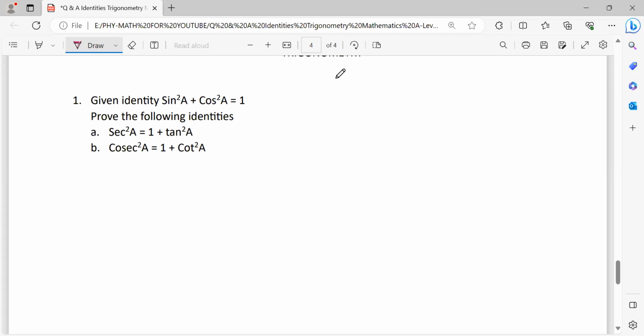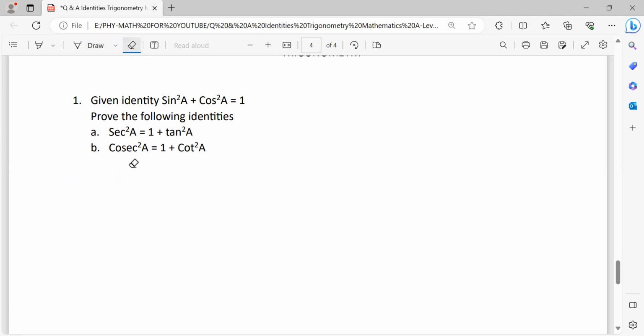Given the identity sine squared A plus cosine squared A equals 1, prove the following identities. Secant means secant A. Secant A squared equals 1 over cos squared A, so I'm going to use this identity.